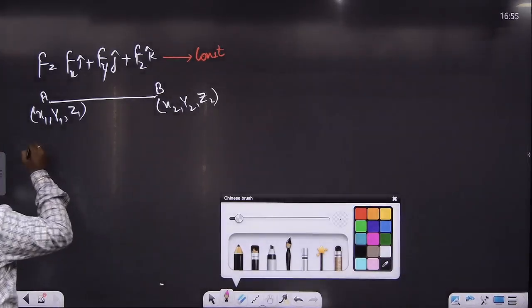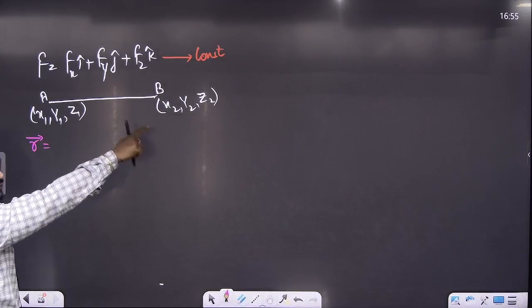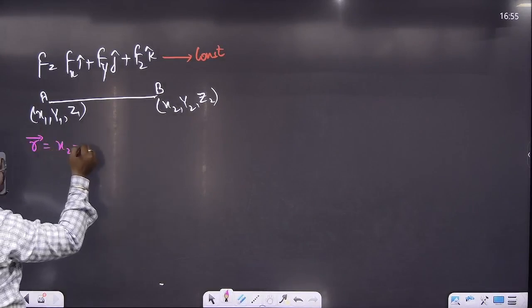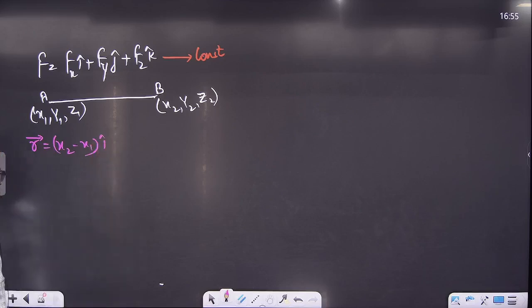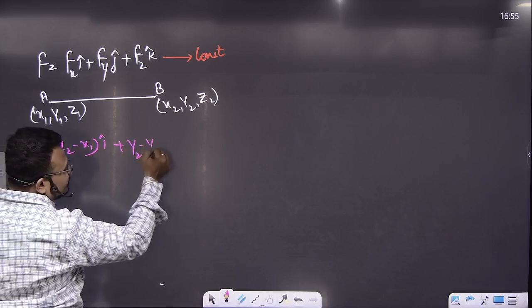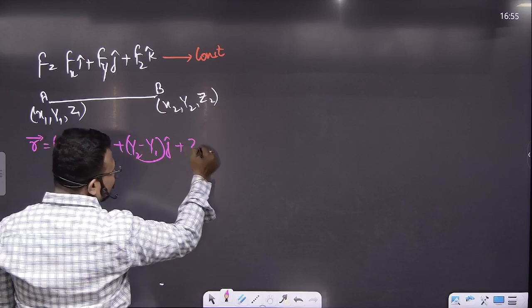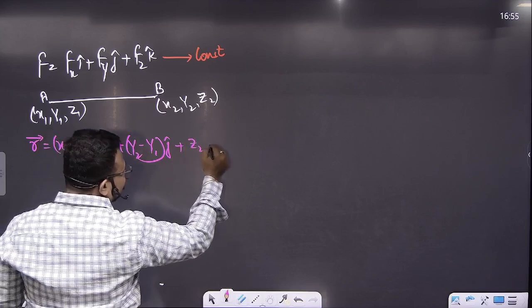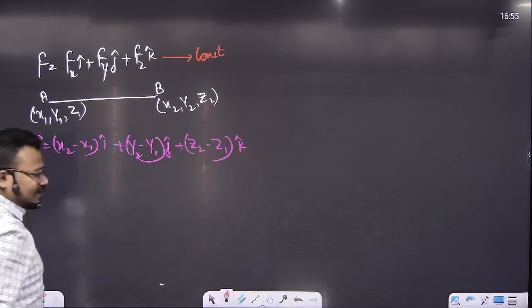R we can write as (x2 minus x1) i cap plus (y2 minus y1) j cap plus (z2 minus z1) k cap.